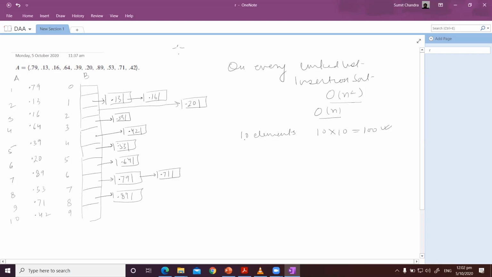Now suppose I divide these 10 elements into 4 buckets, where bucket 1 contains 3 elements, bucket 2 contains 2 elements, bucket 3 contains 3 elements, and bucket 4 contains 1 element. If you apply insertion sort on every bucket, the worst case comparison here is 9, here 4, here 4, and here 1. So 9 plus 4, 13, plus 4, 17, plus 1, 18. Only 18 comparisons are required.